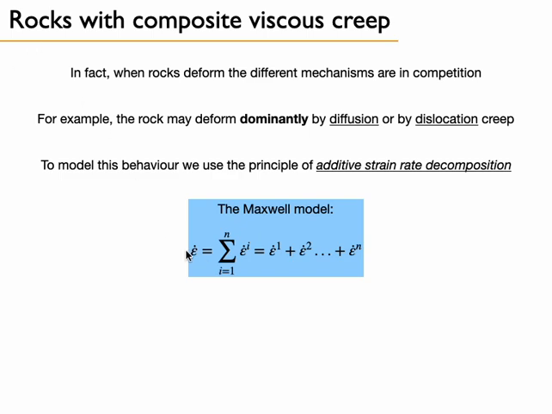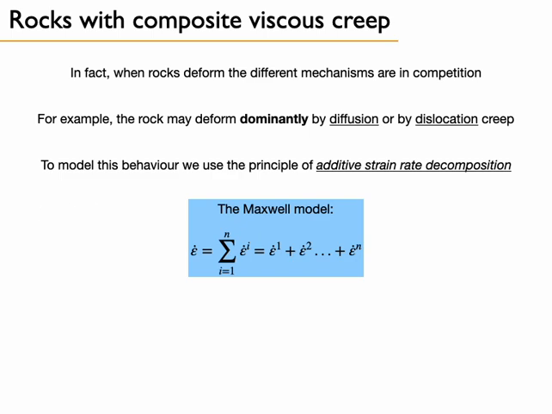The strain rate is a sum of individual contributions from the different deformation mechanisms. So here we have a sum of n deformation mechanisms, and each of these takes a part of the total strain rate. So this would be the total strain rate, and this would be the strain rate of each of the deformation mechanisms.